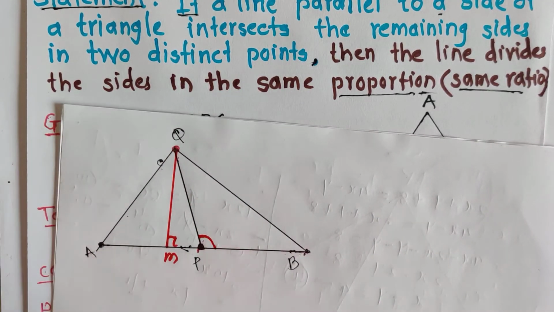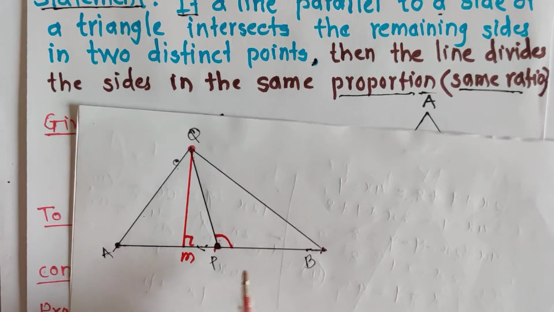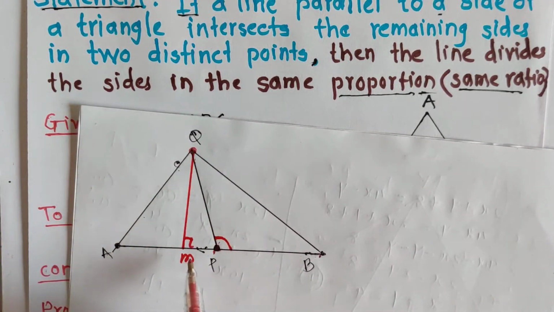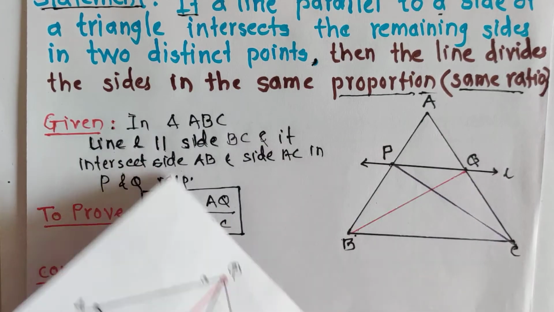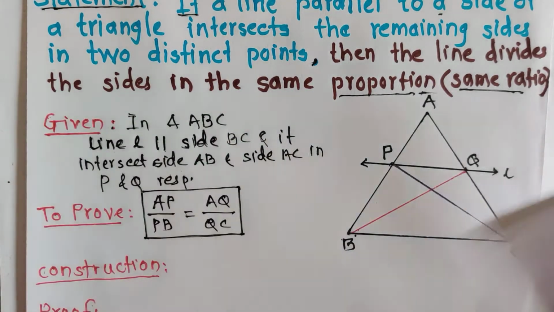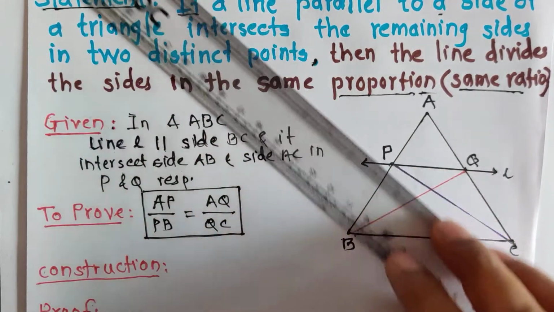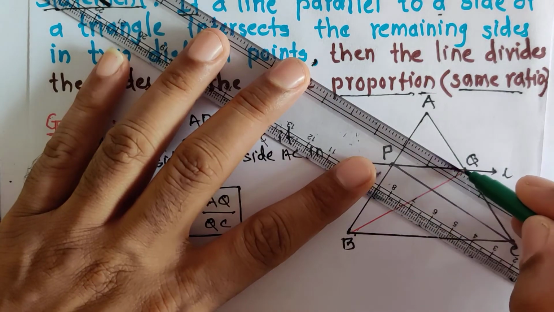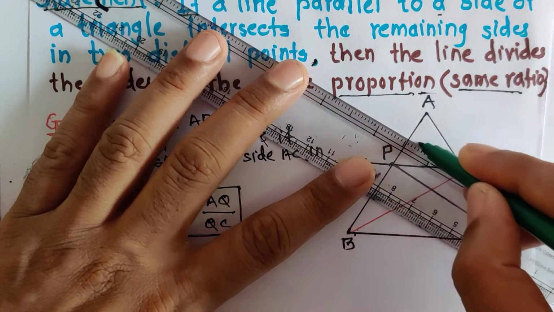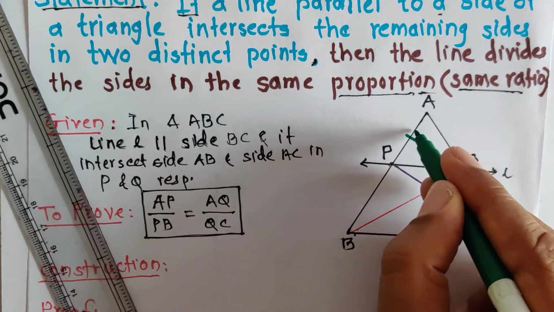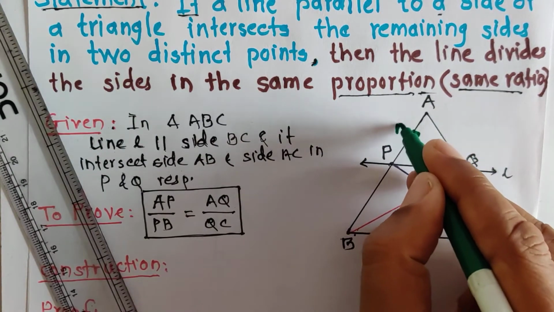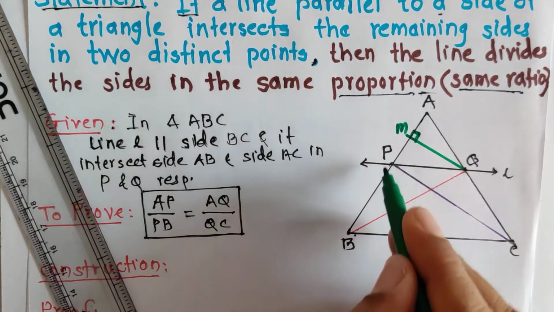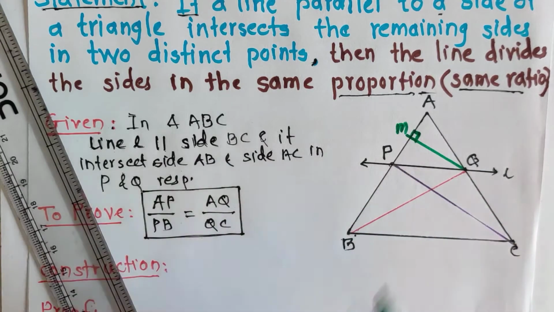Then we can decide these are triangles of equal height, and here QM is the common height for triangle APQ and triangle BPQ.